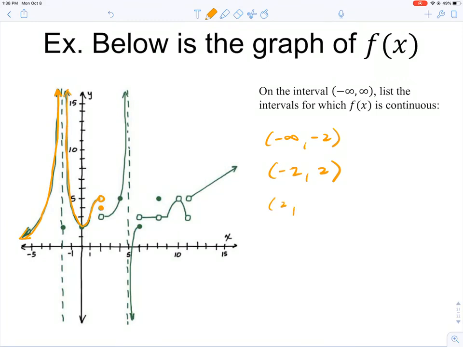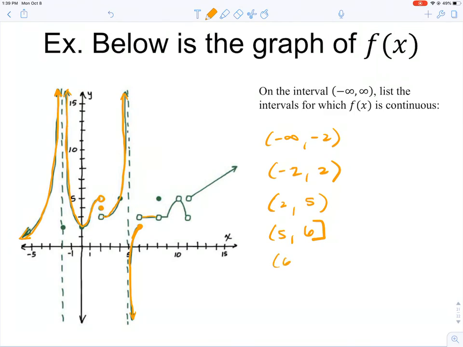Okay, and then from 2 to 5. And 5 to 6. And it looks like 6 is included, because if we were to take the limit as x approaches 6 from the left, we would get the function evaluated at 6, which is 2.